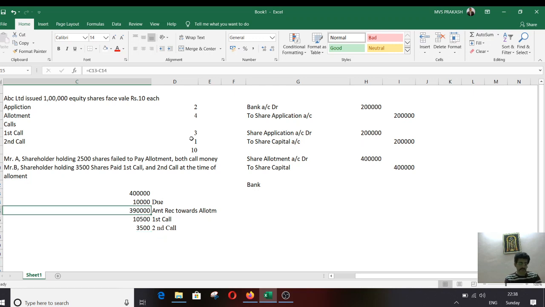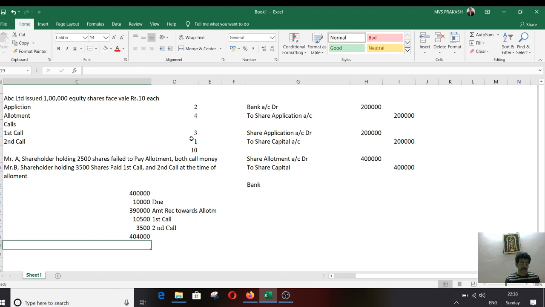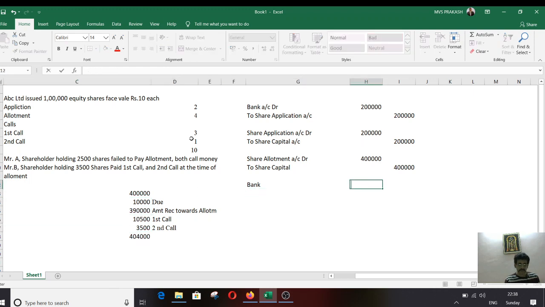So at the end of the day, how much amount was received? Towards allotment, you are receiving 3,90,000. Towards the first call, 10,500, and towards the second call, 3,500. So the total bank amount you are receiving is 4,04,000. Clear? Again, 4 lakhs is the money you are supposed to receive on allotment.